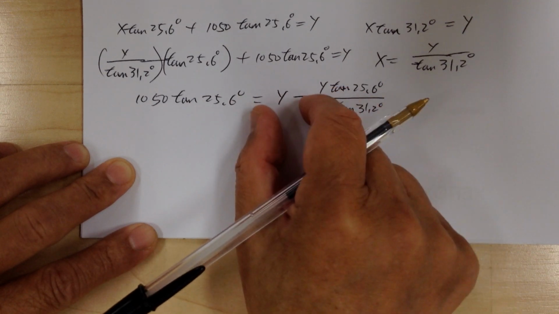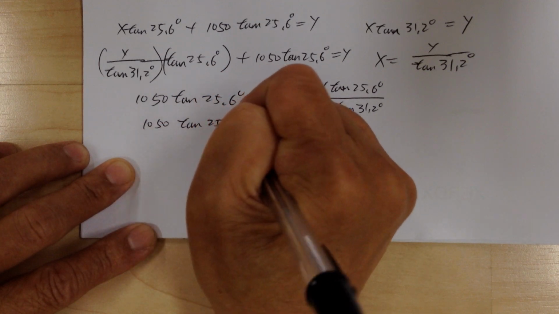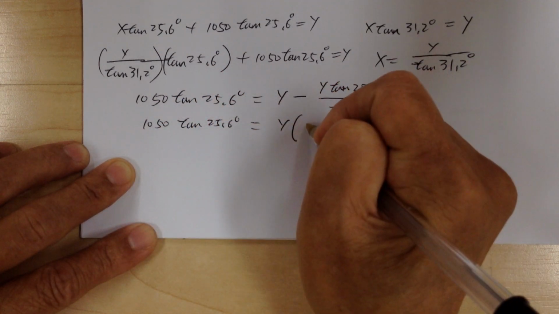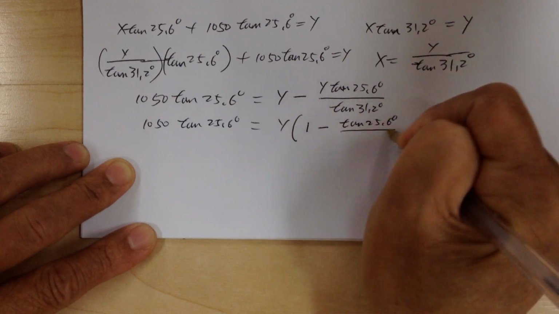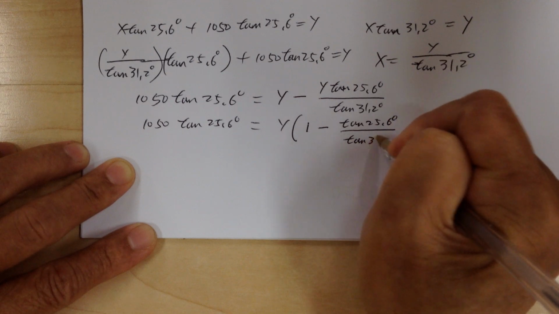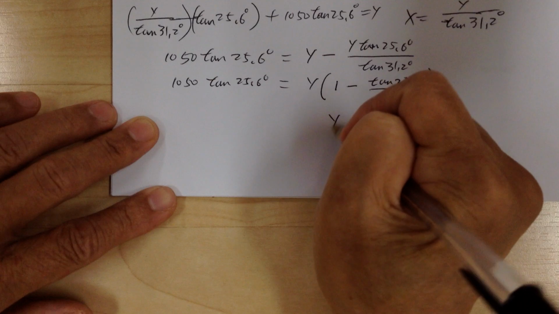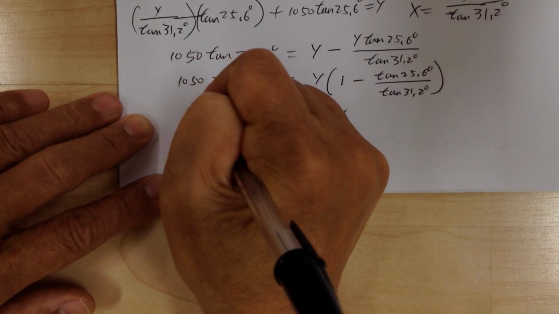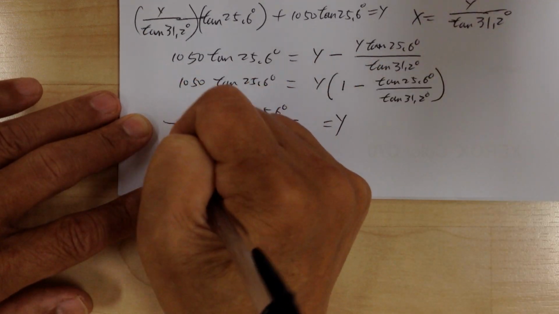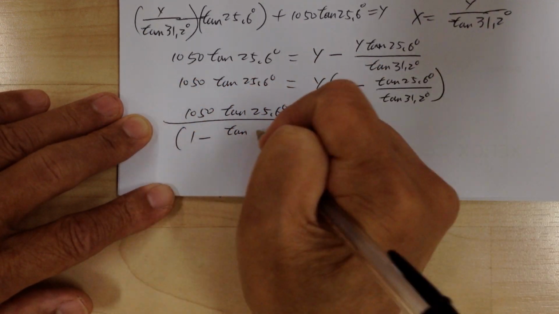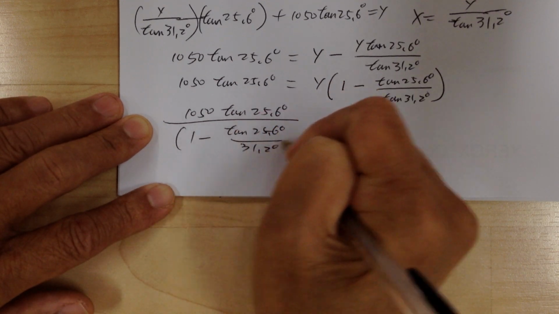Next, I'm going to factor out the y. So I get 1 minus tangent of 25.6 degrees over tangent of 31.2 degrees. Then I'm going to divide so I can solve for y. So y equals 1050 tangent of 25.6 degrees divided by 1 minus tangent of 25.6 degrees over tangent of 31.2 degrees.